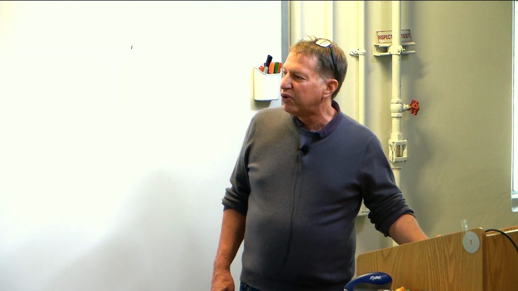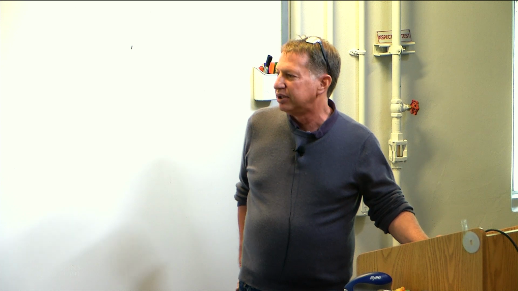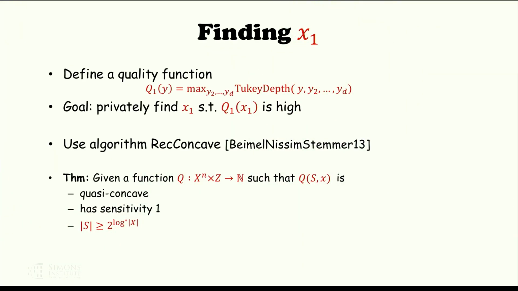The theorem that we proved: if we have a function, and I'm writing specifically that the quality function depends on the sample and on x, which is the point in R, it has to be quasi-concave, which I'll define in the next slide. It has to have sensitivity 1, and the size of the sample must be at least 2 to the power of log star x.